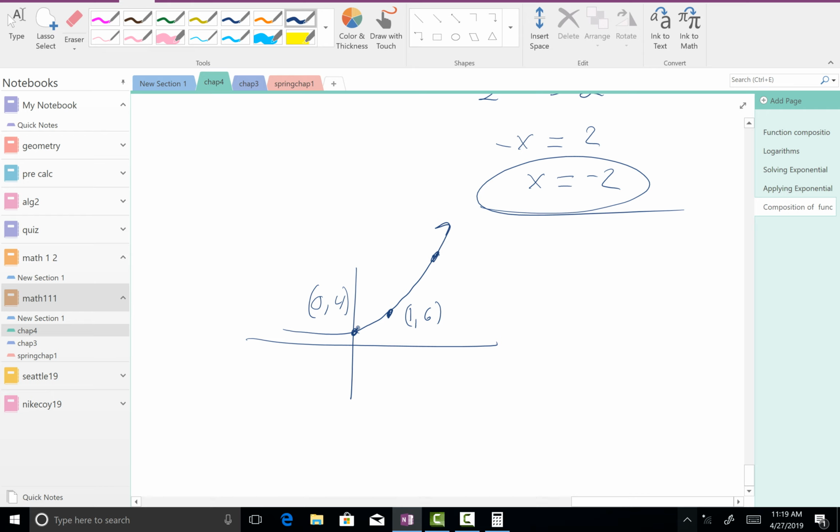And the answer is, yeah, we can do that. So we have y equals, again, I like to use this. A is the initial value, so that's right there. So I'm going to put 4 there. B is the thing that I don't know. Okay? But I do know that it goes through that point. So I can put 6 where y is and 1 where x is.